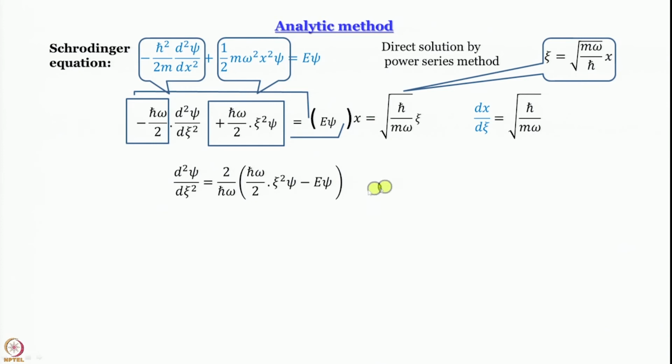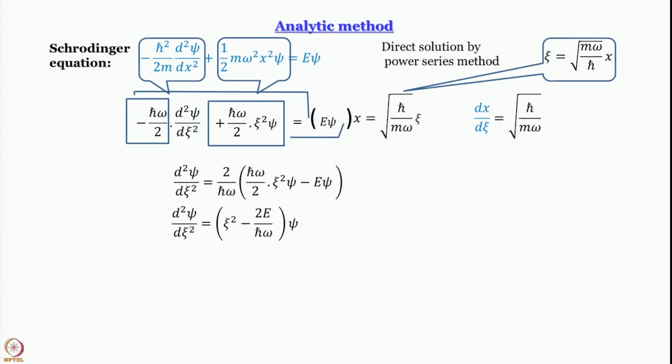The nice thing is you have h cross omega in the numerator and denominator, 2 in the numerator and denominator, they all cancel if you open the bracket. So, the first term will become xi square, second term will become minus 2E divided by h cross omega, right. d2 psi d xi 2 is equal to xi square minus 2E by h cross omega multiplied by psi.